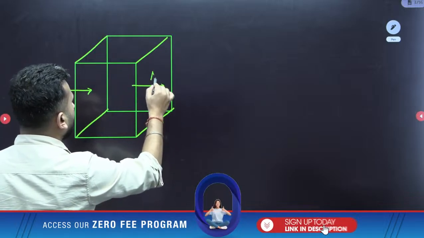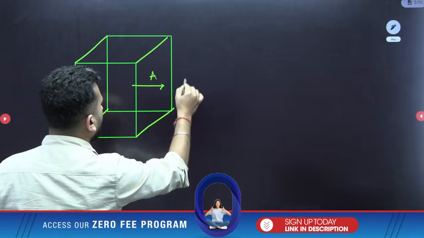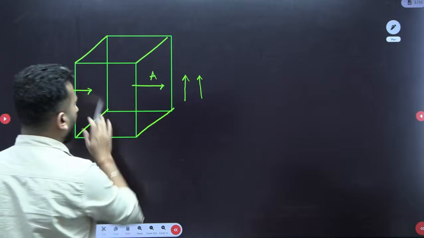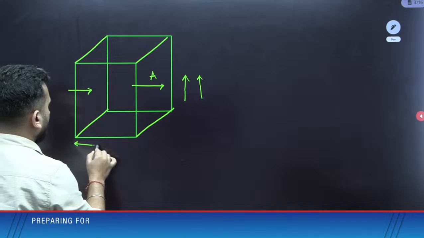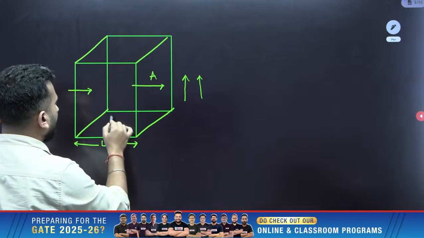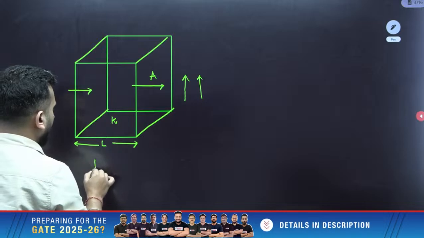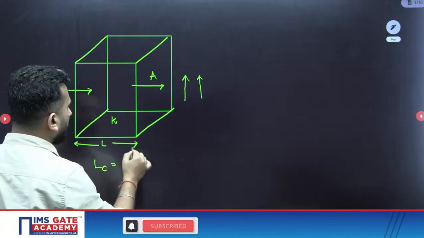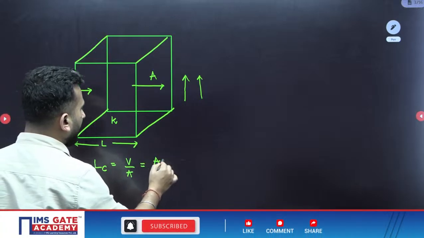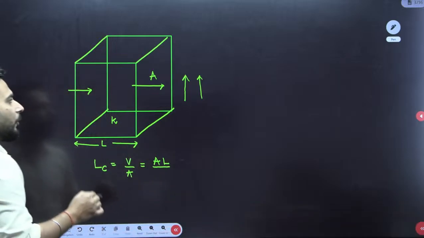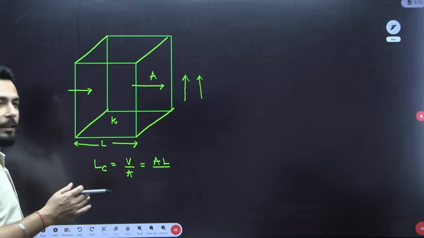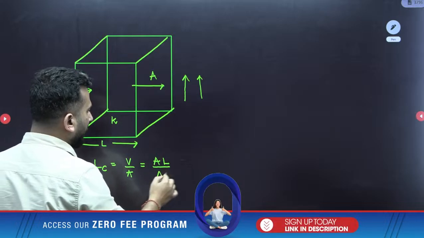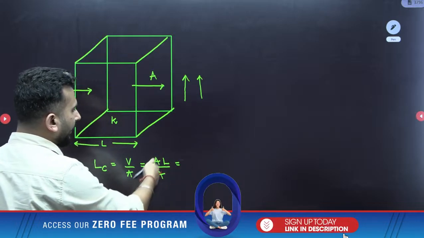When we consider that the convection is happening on only one side of this wall, the length is L and the conductivity is K. So characteristic length is nothing but volume by surface area. Volume is A into L, and for surface area, only the side on which convection is taking place is to be used. So A and A get cancelled and finally it will be L.